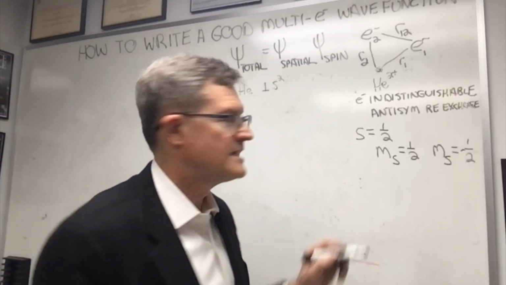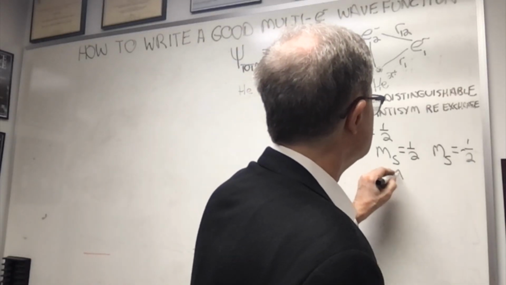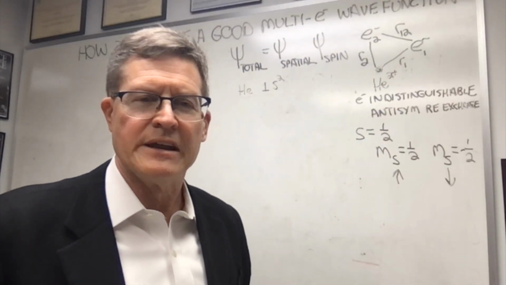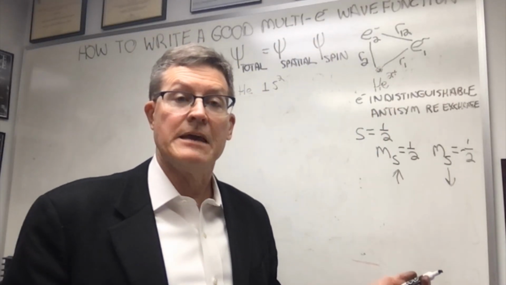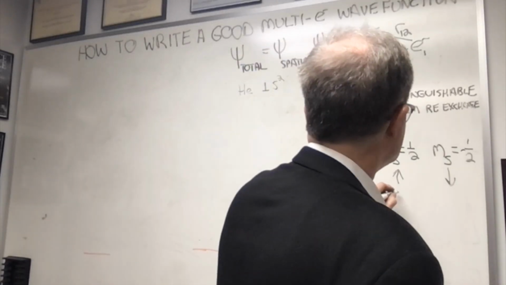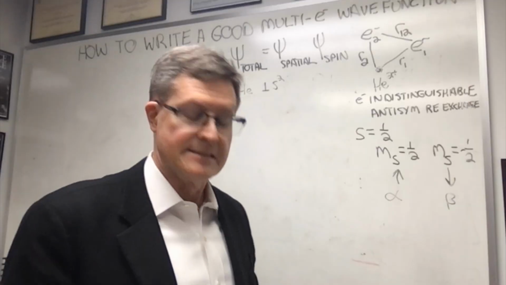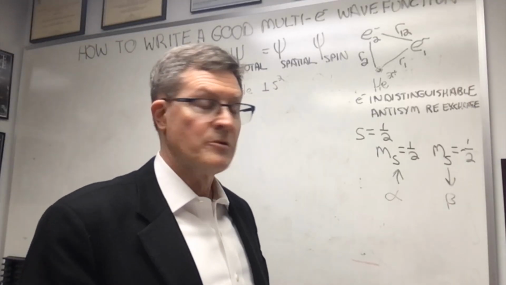And we talk about that as being spin up or spin down, so we might represent it by an arrow, or let's just name the function. Let's call this the alpha state, and we'll call that the beta state. How can we put them together?